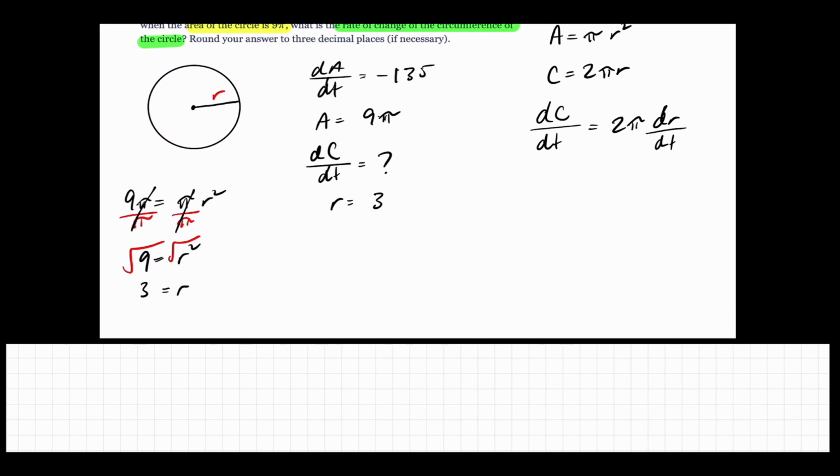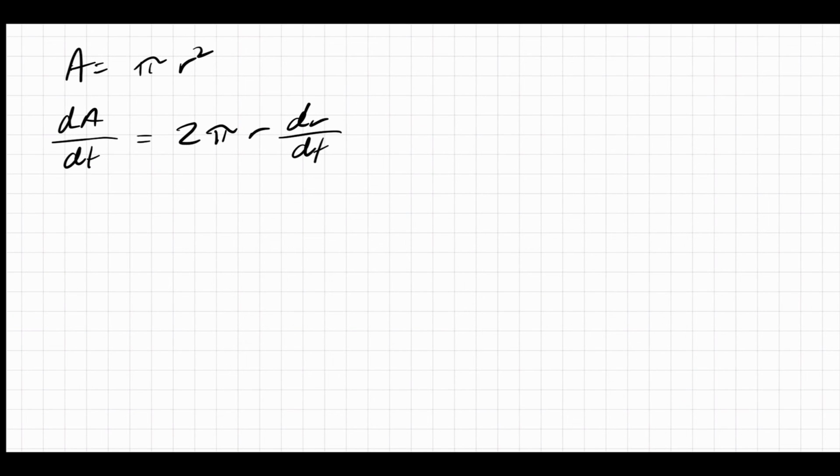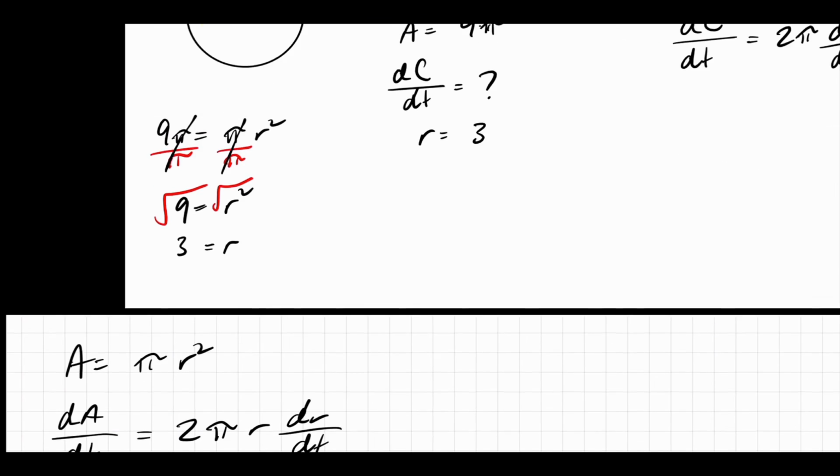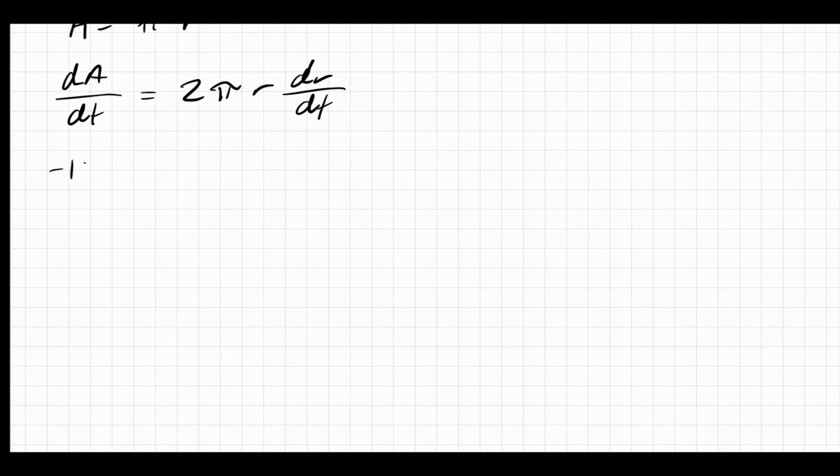Okay. So let's see, area is pi r squared. So dA/dt equals 2 pi r dr/dt. dA/dt I know, negative 135. 2 pi r I know, I just found that out, it's 3. I don't know dr/dt.